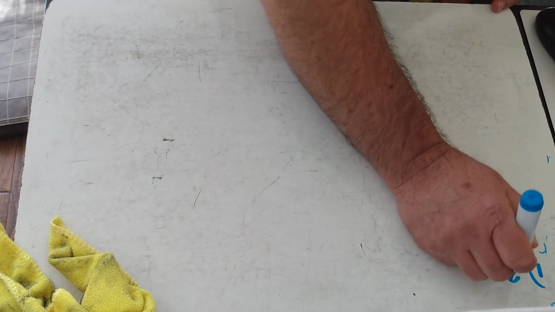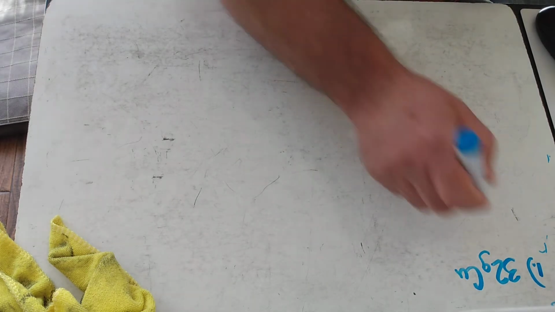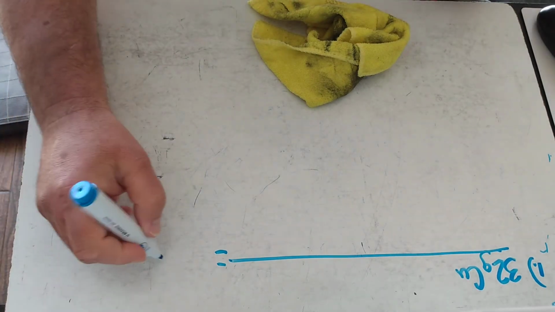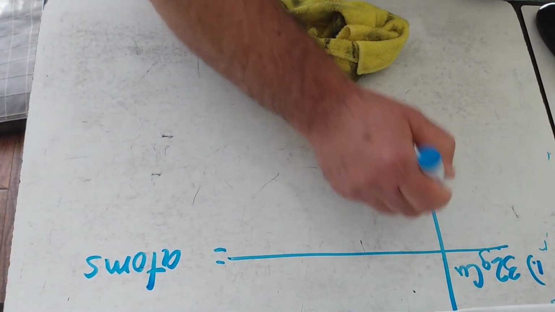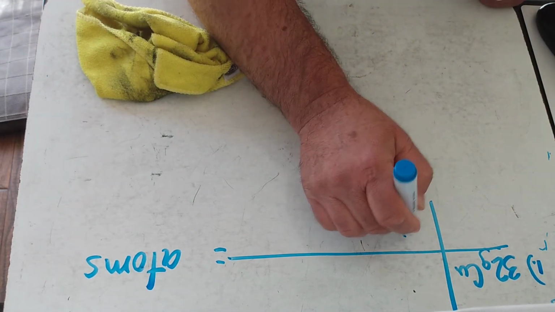It asked how many atoms of copper are in 32 grams of copper. So we're starting off with 32 grams Cu, that's copper, and it wants to know how many atoms. So we're going to plug atoms over here. We don't want grams, so we put grams here.